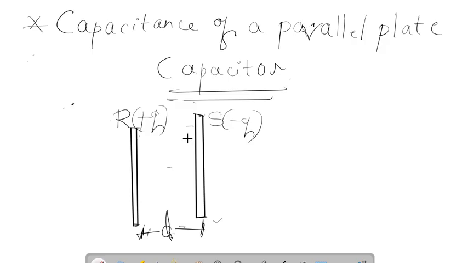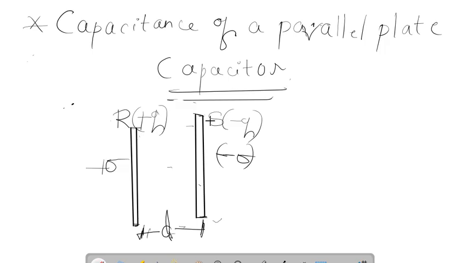Now let plus sigma be the surface charge density for plate R and minus sigma be the surface charge density for the plate S.